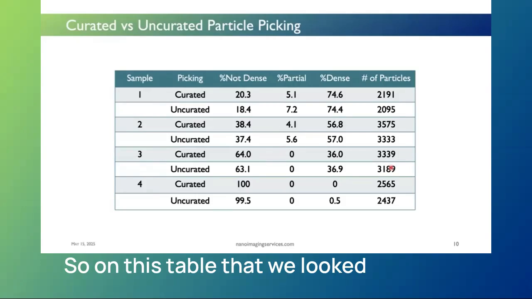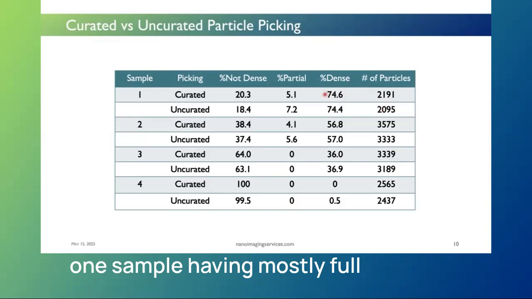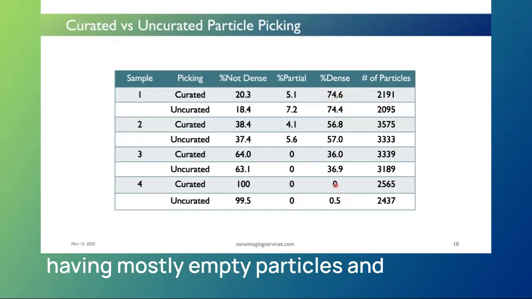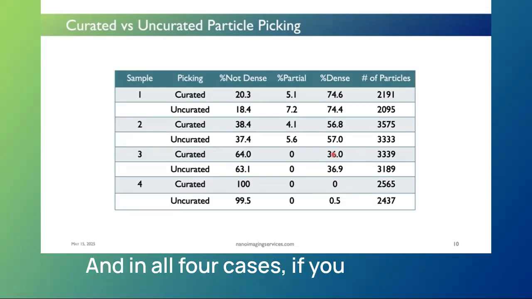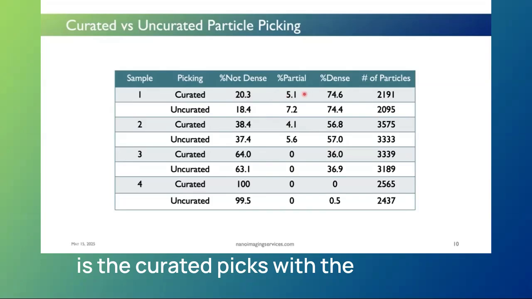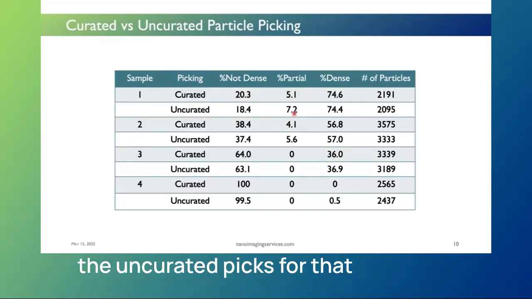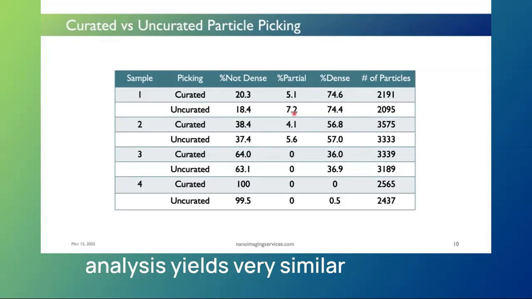On this table, we looked at 4 samples ranging from one sample having mostly full particles to the 4th sample having mostly empty particles and a couple of intermediate samples. And in all 4 cases, if you compare the shaded row, which is the curated picks, with the white row beneath it, which is the uncurated picks for that session, the classification analysis yields very similar results for all 4 samples.